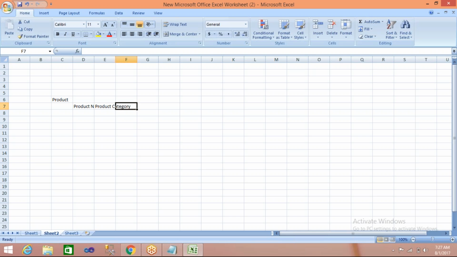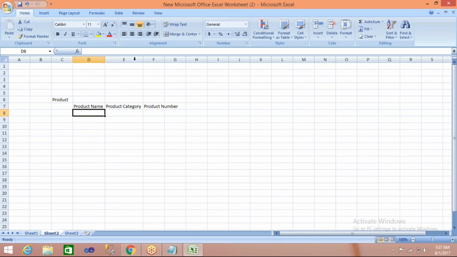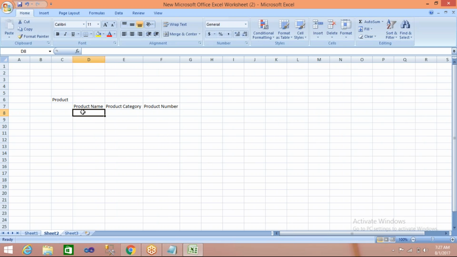product category, product number, something like that. Product name is nothing but the different products that we have in our sales branch or data warehouse, whatever it might be. Let us say we have Sony, and the category is mobile, Sony mobile, and the product number is some S1234.